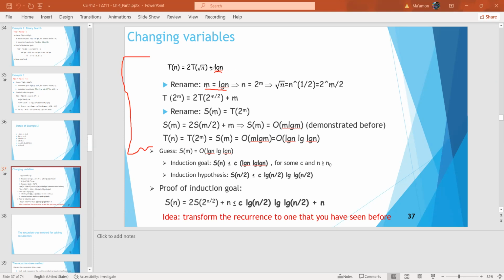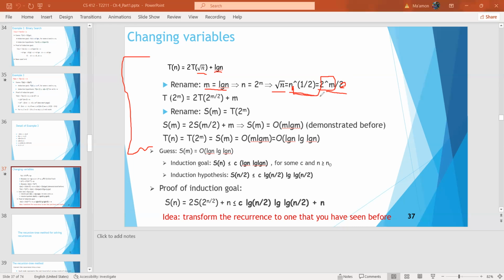Now for this part, the square root of n, or n to the power half, is equal to 2 to the power m over 2. Because n equals 2 to the power m, we have substituted n by 2 to the power m, and because it is divided by 2, we have m over 2 here.